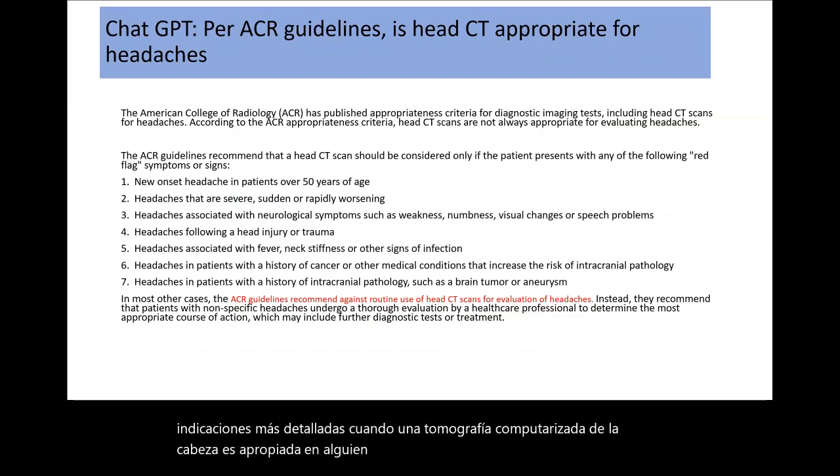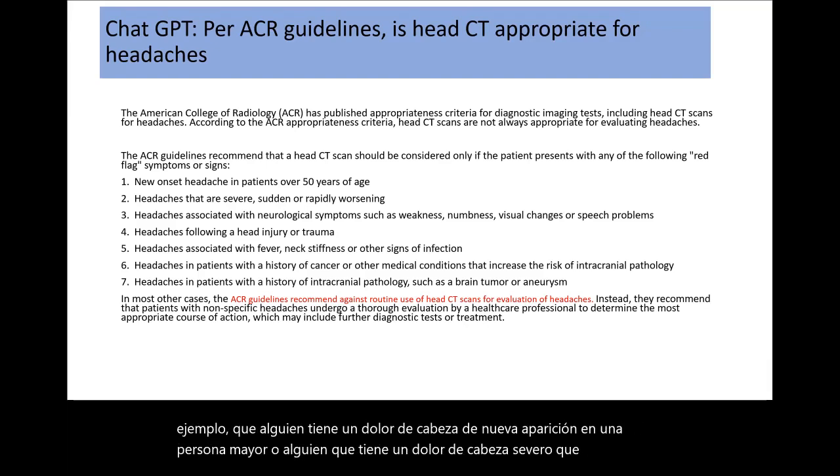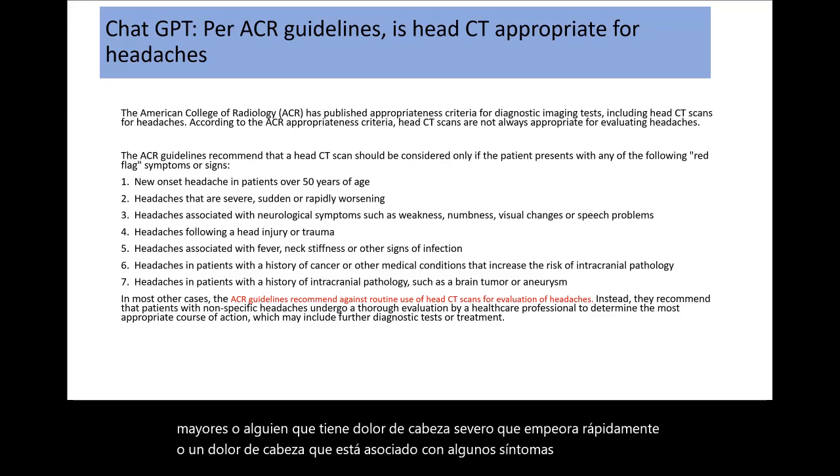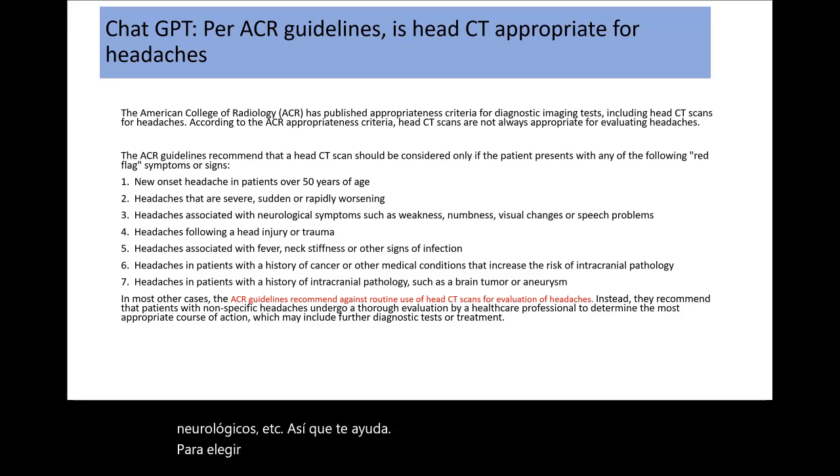Say, for example, somebody who has a new onset headache in an elderly individual, or somebody who has a severe headache that is rapidly worsening, or a headache that is associated with some neurological symptoms, and so on. So it helps you to choose the appropriate imaging modality.